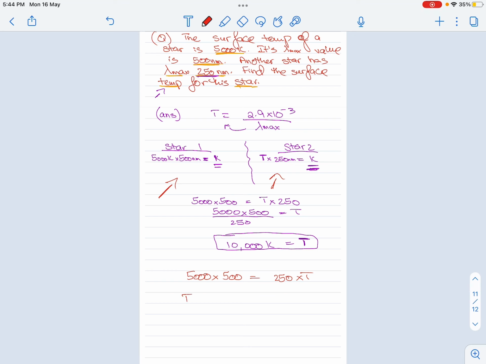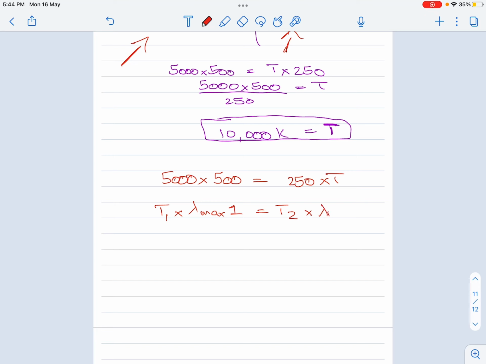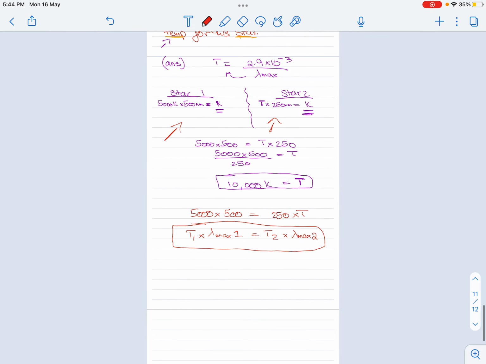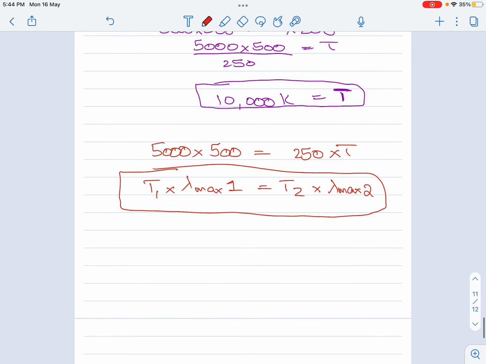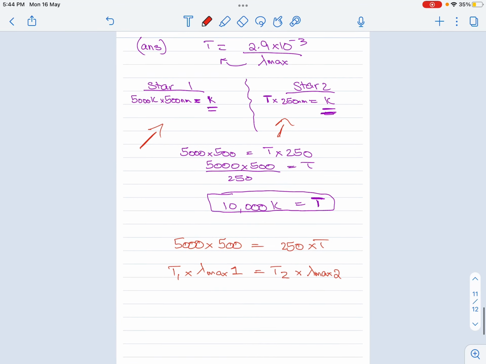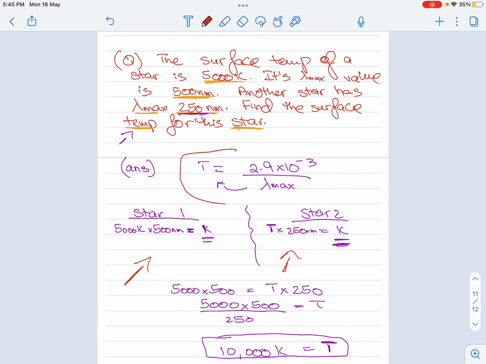The formula would be T1 times wavelength max 1 equals T2 times wavelength max 2. So this is the formula you need to use when two stars are given. When two stars are given, you need to compare them and you use this formula. But if only one star is given, you just use the Wien's displacement law. If only one star is given, you use this. If two stars are given, you use this.